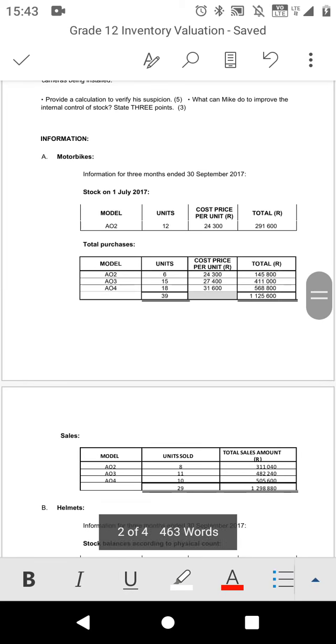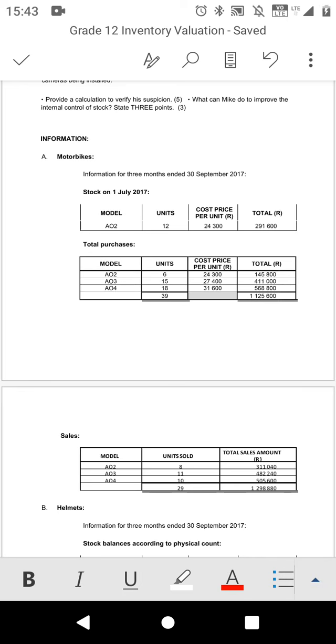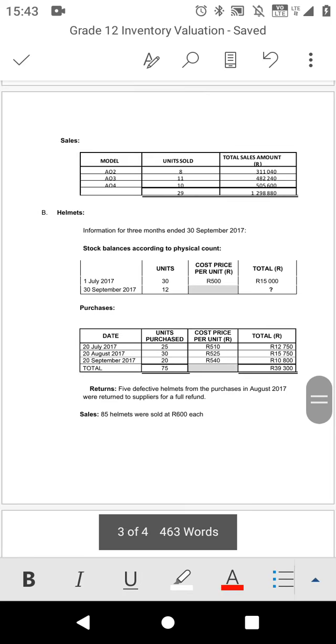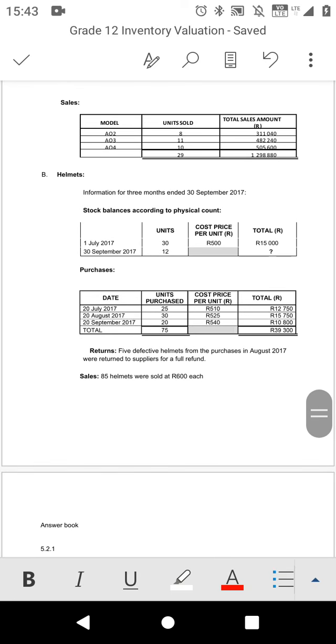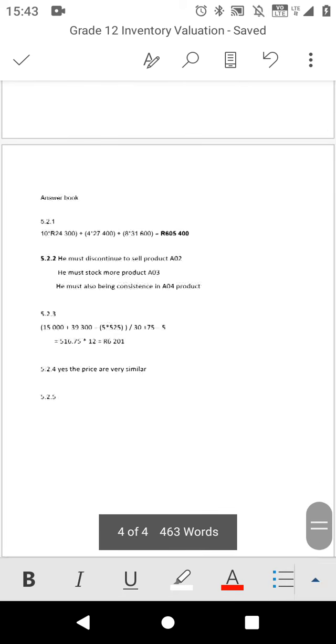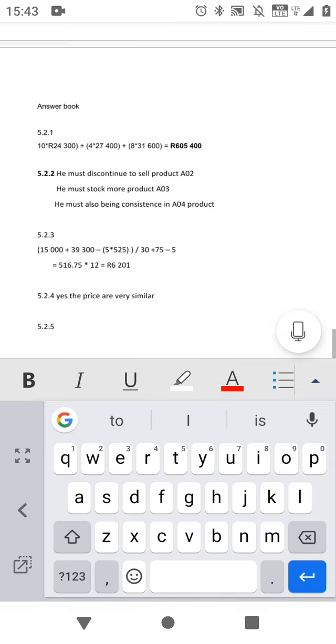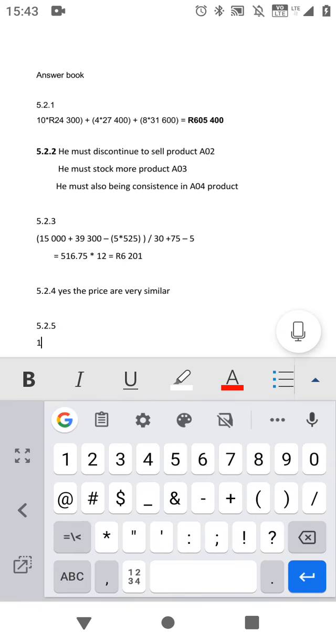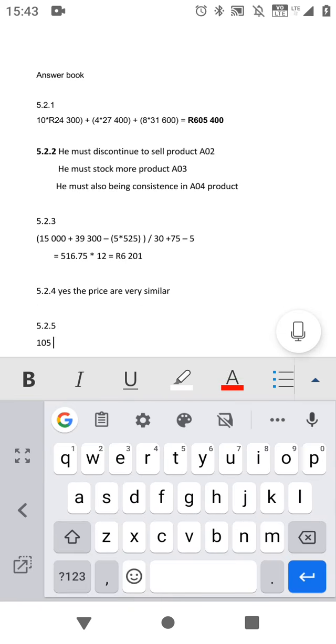Our opening is, apologies, we are talking about helmets, so the opening is 30 units. Then we purchase 75, so 75 plus 30 gives us 105.